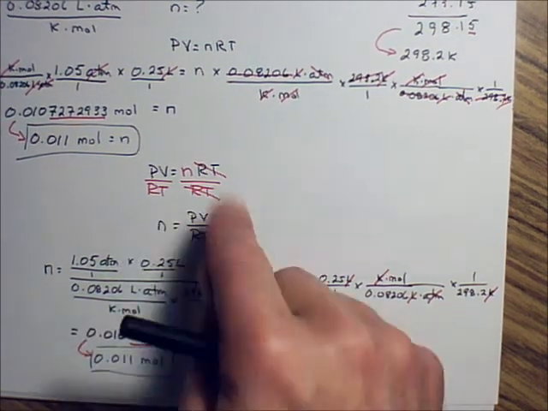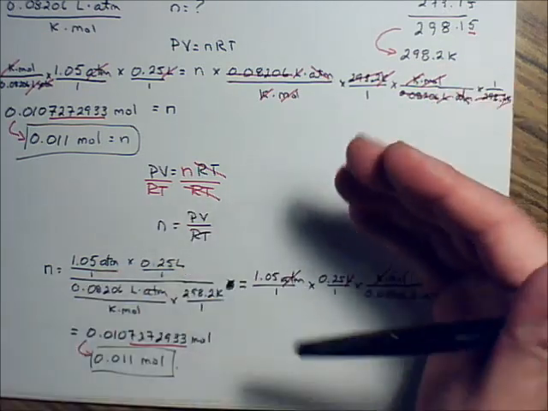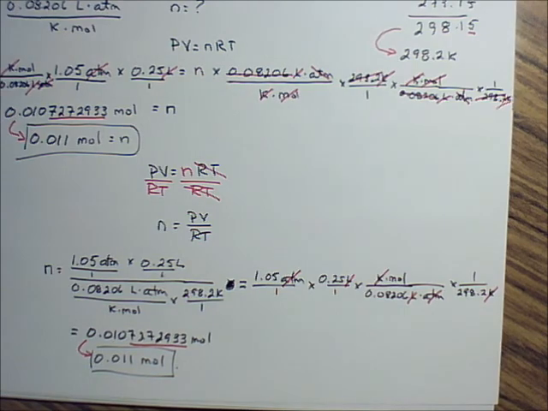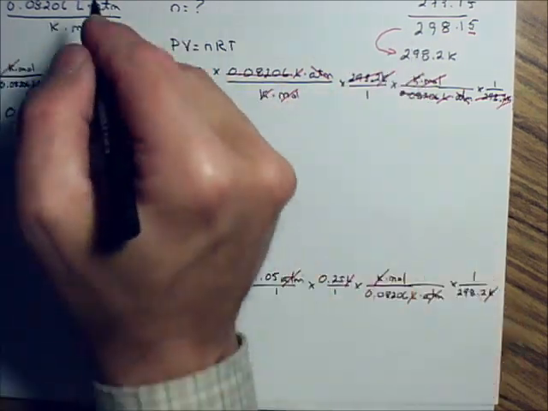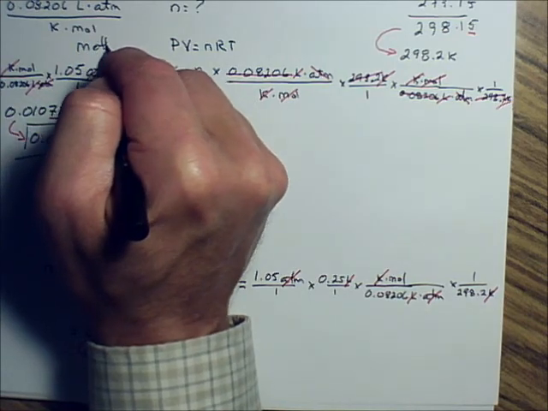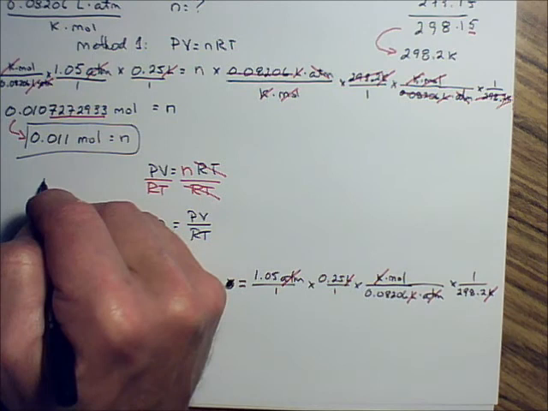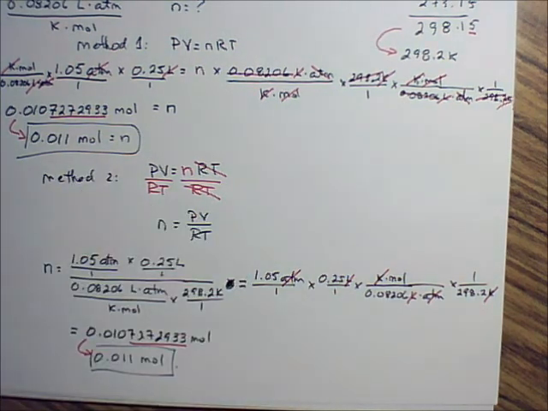So those two steps can be reversed. Other steps cannot be changed around, but those two steps can be. Okay? So up here, this is method 1, and down here is method 2, if you want to call them that. Any questions?